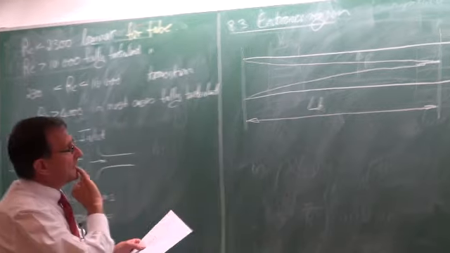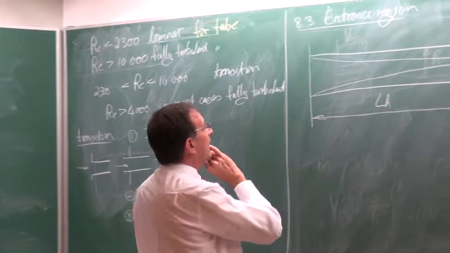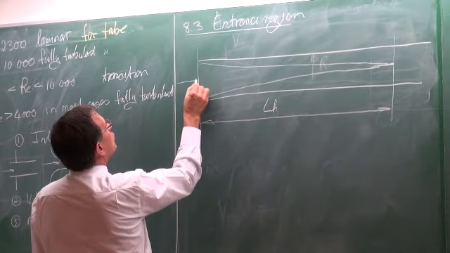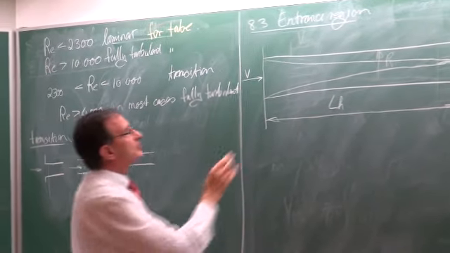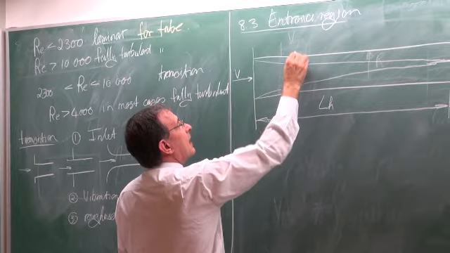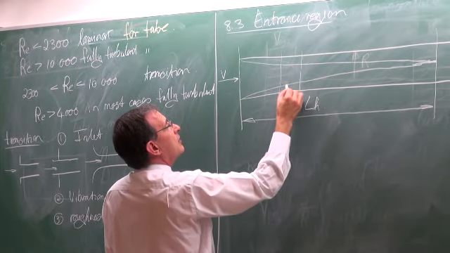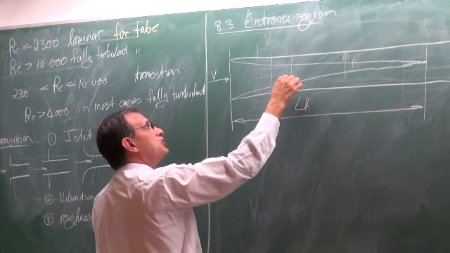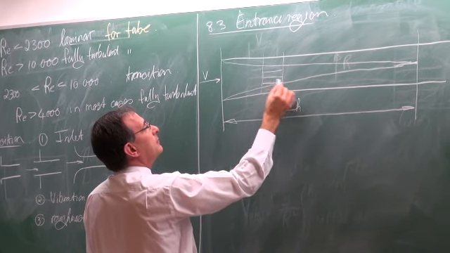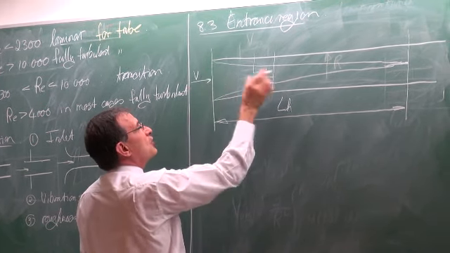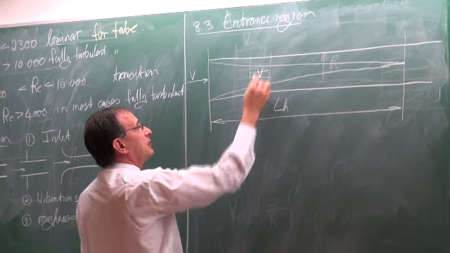If this is equal to V, then at this point between the two boundary layers, this velocity would also be equal to V. So that velocity and that velocity will be the same.